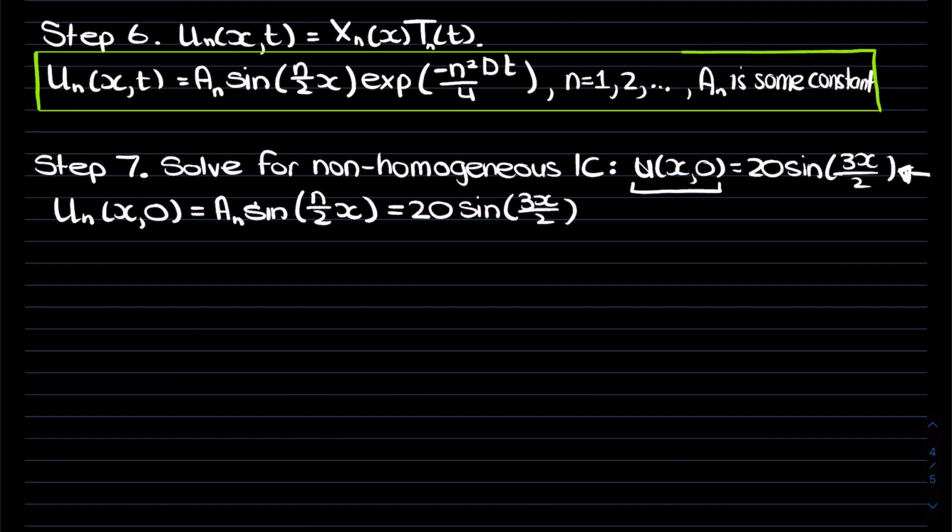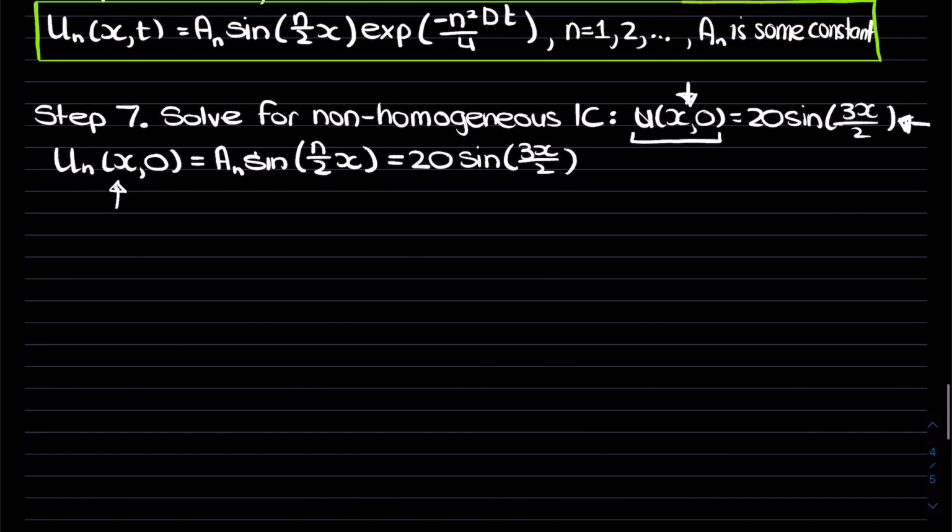And we can write that simply because this right here and this down here are the same. So now all we want to do is find n, and we also want to find whatever our constant is, a of n.